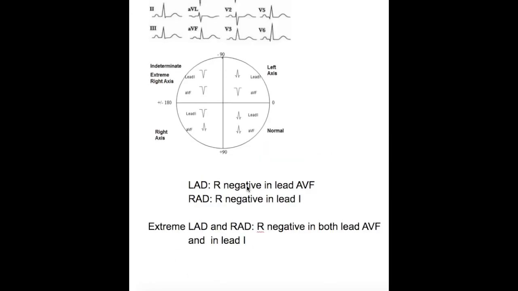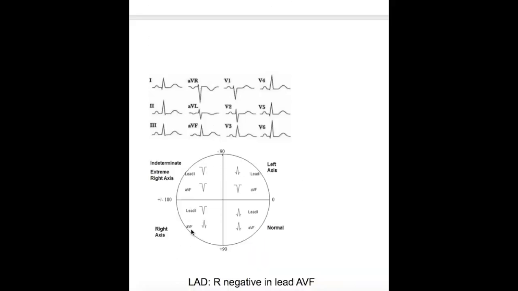So here it is again. This is a normal axis where lead 1 and AVF are both positive. In case of right axis deviation, lead 1 becomes negative here and in AVF the R is positive. And in left axis deviation, in lead 1 the R is positive, whereas in AVF it is negative.